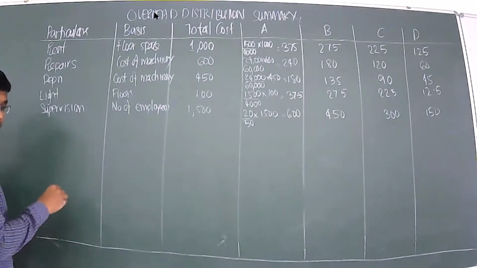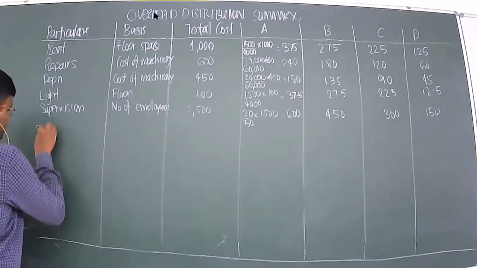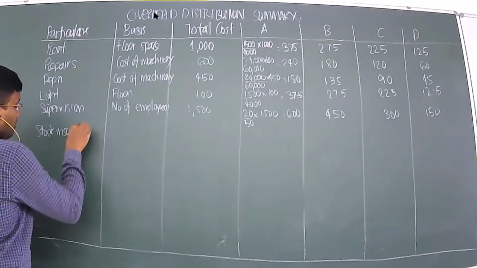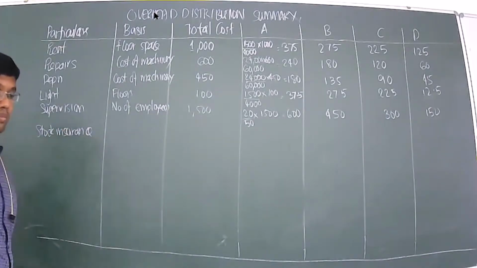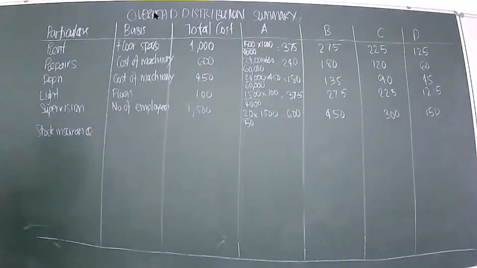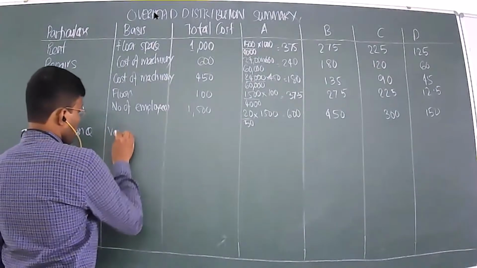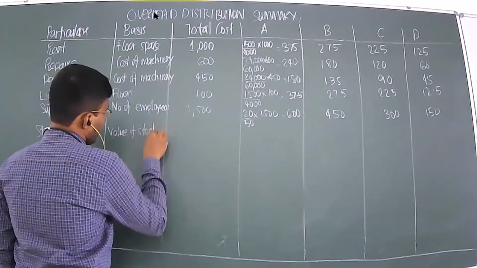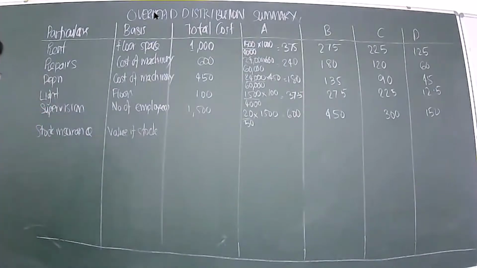Now we have stock insurance. Since this insurance is for stock, the basis for our apportionment would be value of stock.